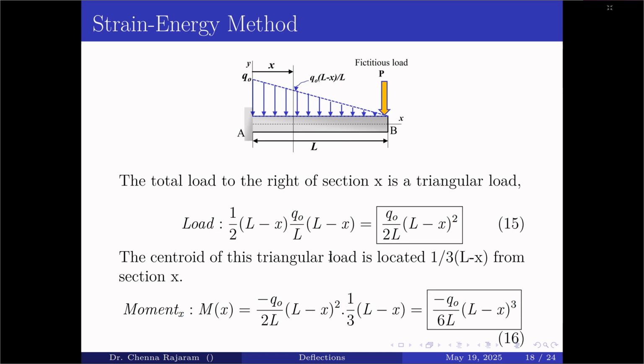So the moment M of X is equal to this load multiplied with 1/3 of L minus X, and then we obtain minus Q naught divided by 6L into L minus X whole cube.